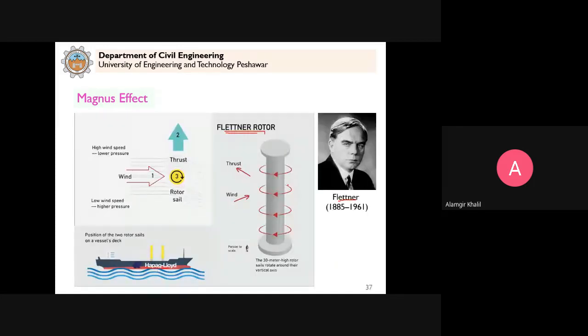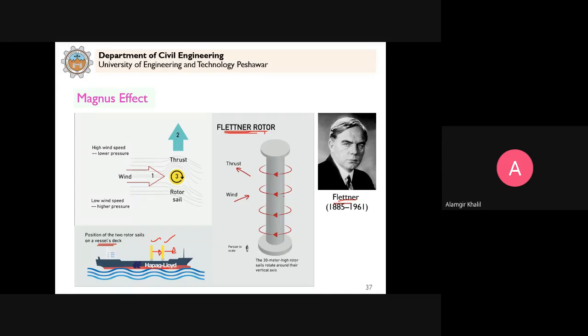He came up with the idea that if we have this type of rotors installed in a ship, and the air is flowing across them, then a force will be generated and it can push this boat in the forward direction, which can be more economical than using engines to push this large vessel, boat or ship forward. Clear? So he came up with this idea, and this was known as the Flettner rotor.